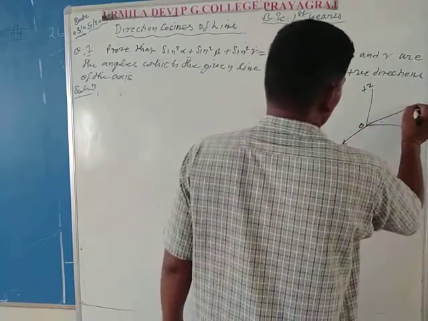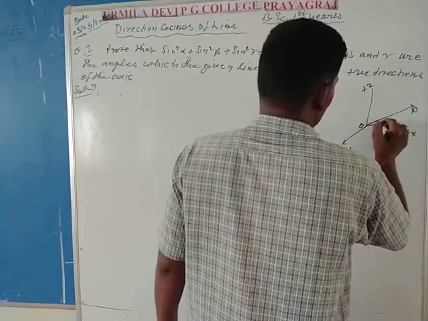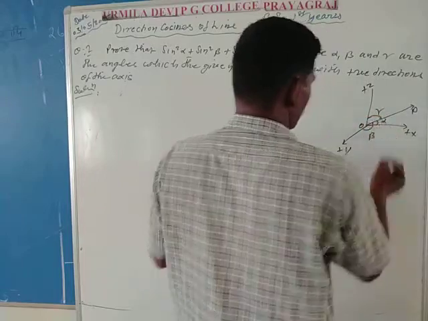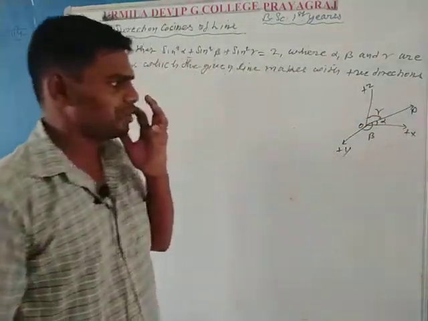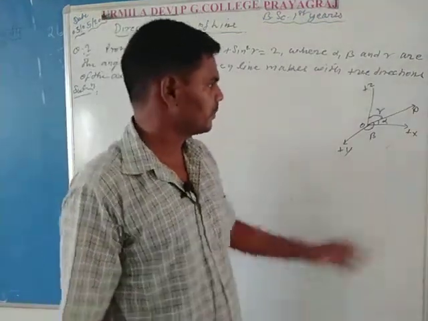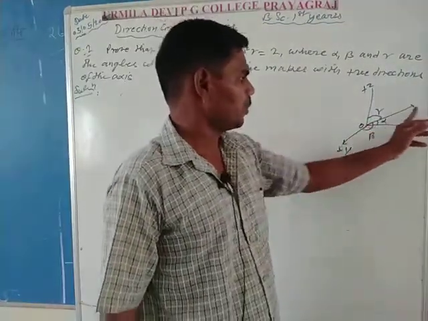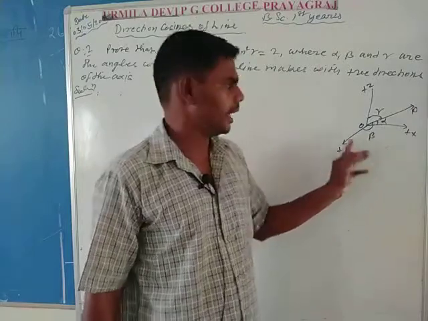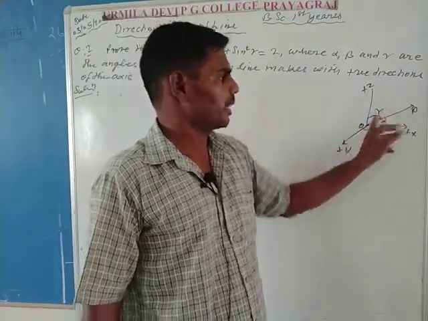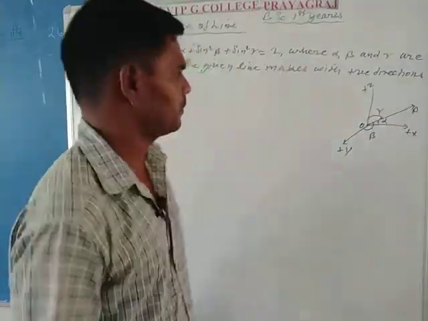Suppose that the line is OP, with angles alpha, beta and gamma. Here alpha is the angle between line OP and positive x-axis, angle beta is between line OP and positive y-axis, and angle gamma is between line OP and positive z-axis.